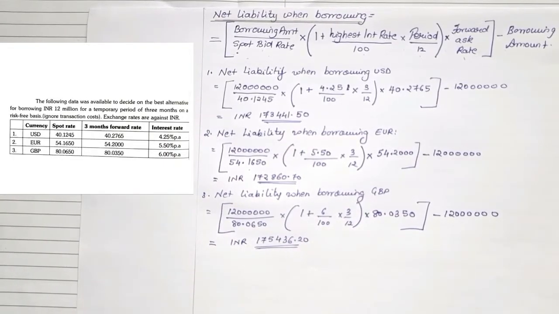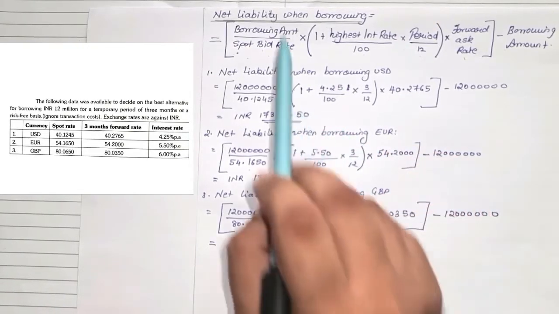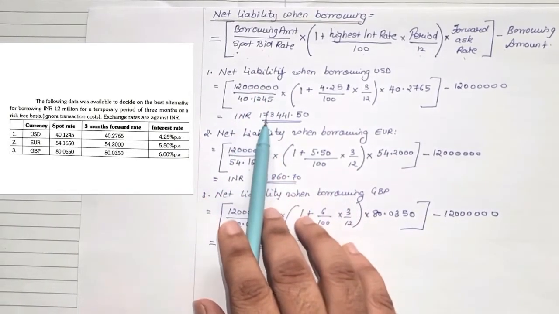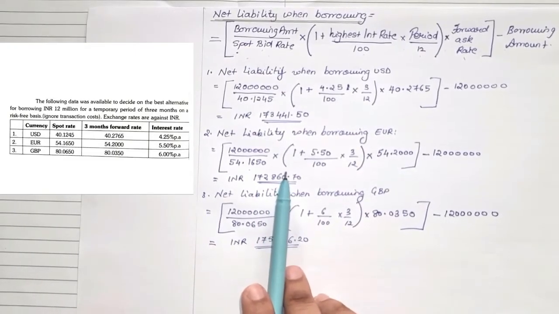Now the final conclusion. We have solved and got all three liabilities. Whenever you're borrowing, always remember the least is the better. Among the three, this is 1,73,000, this is 172, this is 175. So 172 is the most economical.